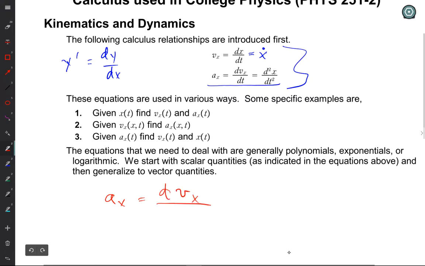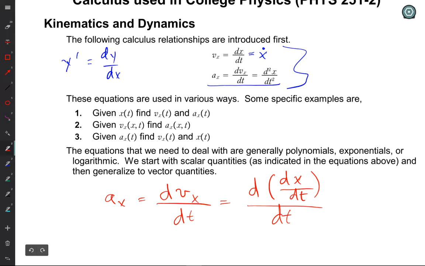I told myself I was going to write neater this year, trying to use letters in the English language. Oops. Instead of V or X, I put... So that's substituting what V is into the equation.